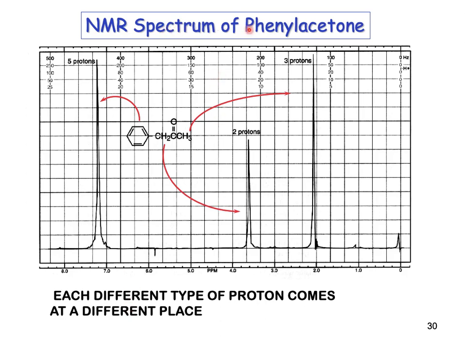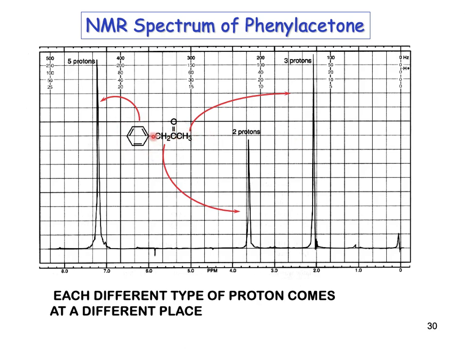This is the NMR spectrum of phenyl acetone: phenyl and acetone. First of all, you have to look at how many different types of protons there are in phenyl acetone. If you see the structure of phenyl acetone, there are three different types of protons.